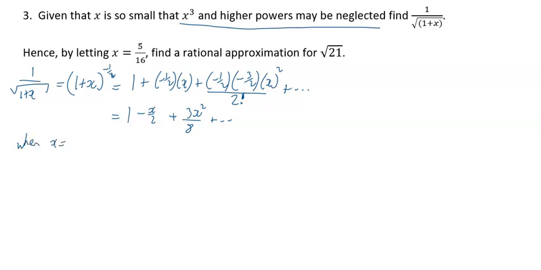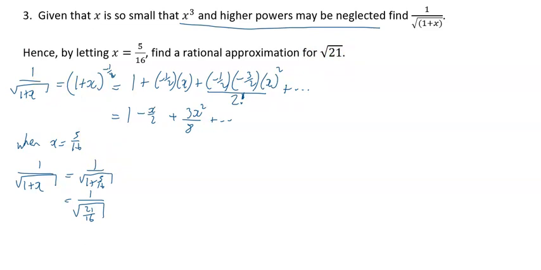When x is equal to 5 over 16, that means 1 over the square root of 1 plus x would be the same as 1 over the square root of 1 plus 5 over 16. 1 is the same as 16 over 16, so 16 over 16 plus 5 over 16 is going to be 21 over 16. This should be giving you a wee bit of confidence because you've now got a root 21 here. So it looks like we're on the right track now.